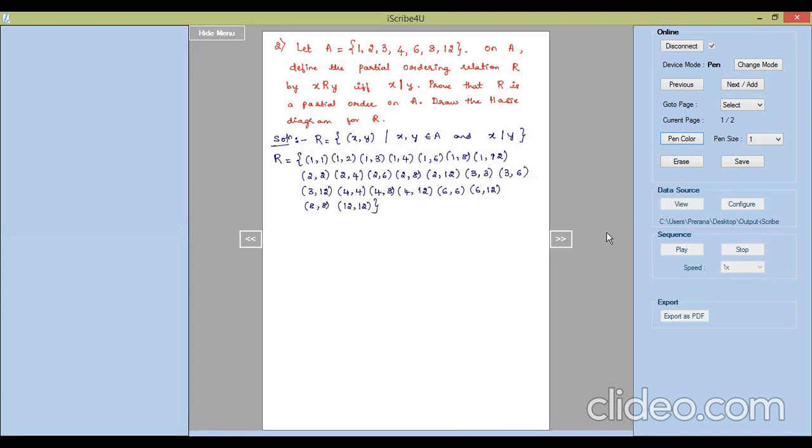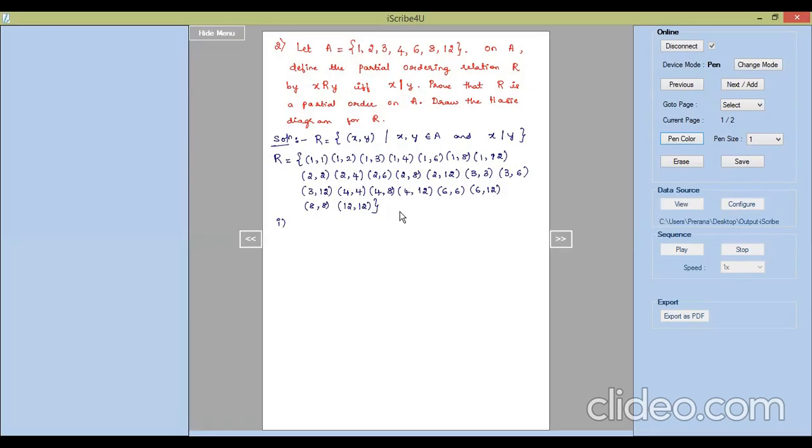Now we have to prove that R is reflexive, antisymmetric, and transitive, to prove it is a partial order on A. Is R reflexive? Yes, R is reflexive because all the ordered pairs 1, 1, 2, 2, 3, 3, 4, 4, 6, 6, 8, 8, 12, 12 exist.